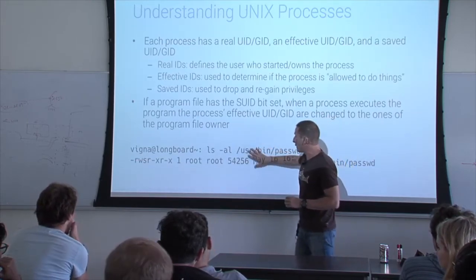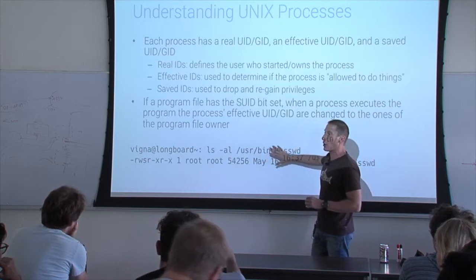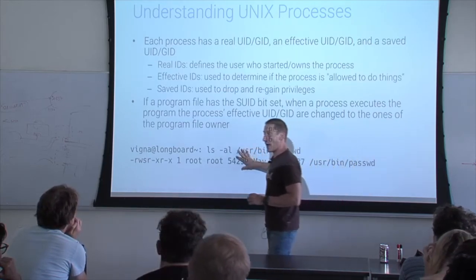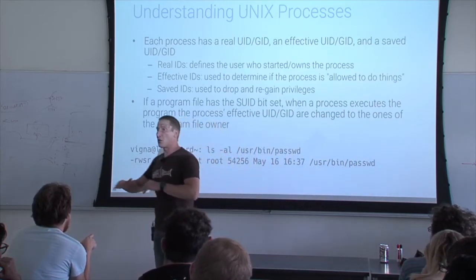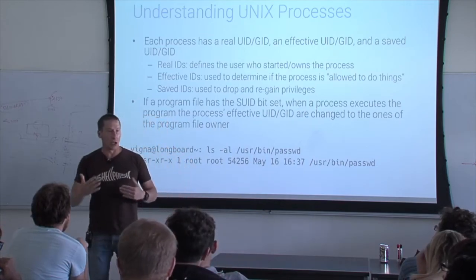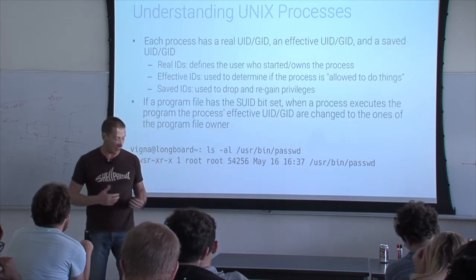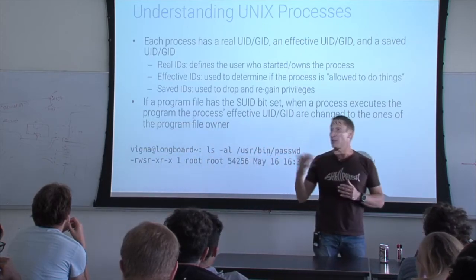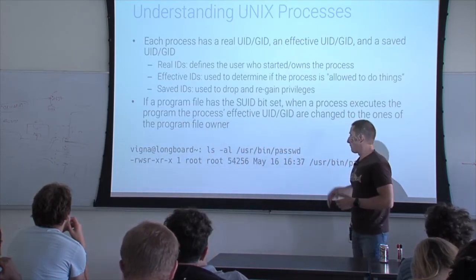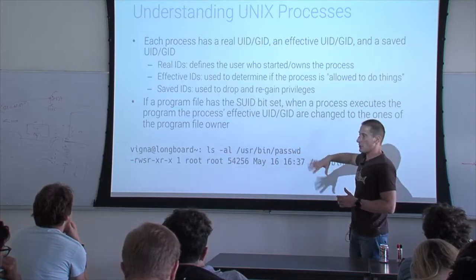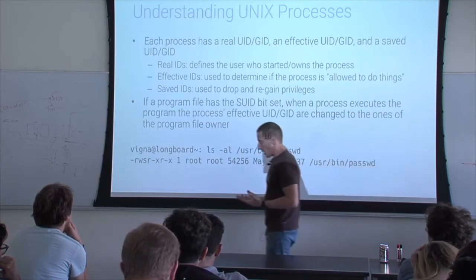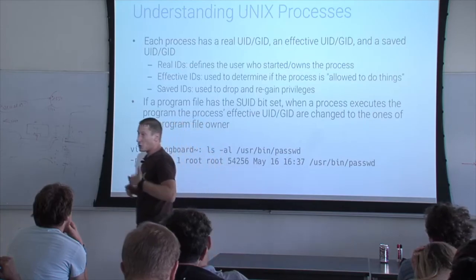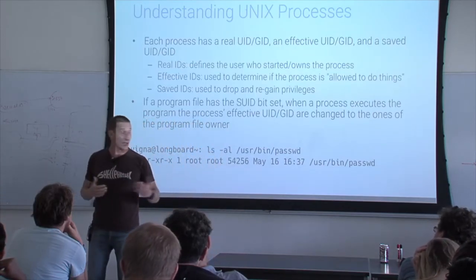But if you can convince the magic program to do a lot more than just changing the password, either because of a confused deputy situation, where you can convince the program to, for example, change the password of a different user, or because it is deployed in the wrong way and you are able to, for example, change other files as root.